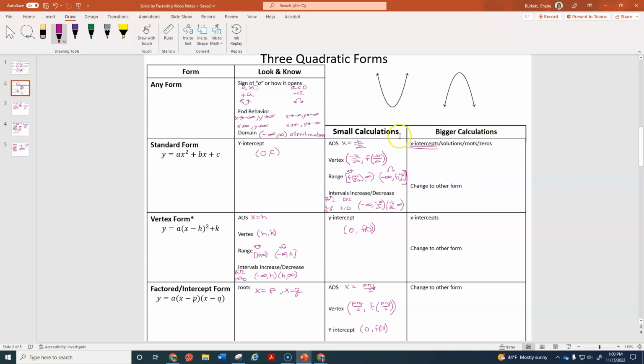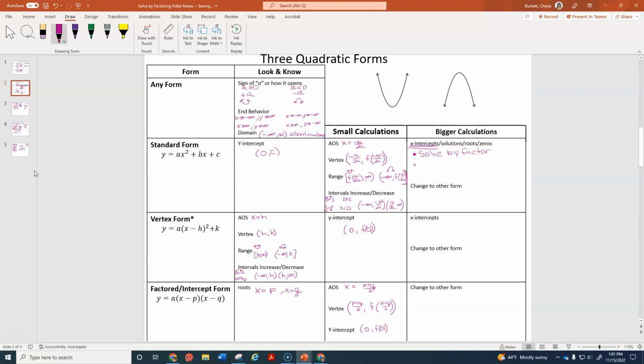But for today, to find the x-intercepts, all of our problems we're going to do the same thing. We are going to solve by factoring. Now we've already practiced factoring. Today we're going to do it one step further, and we're going to solve by factoring.